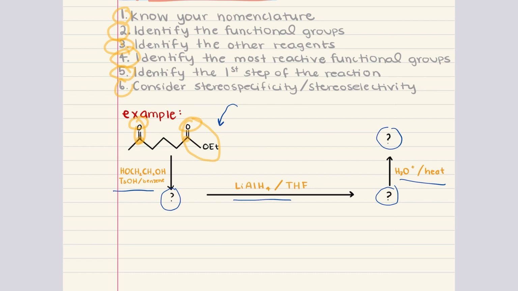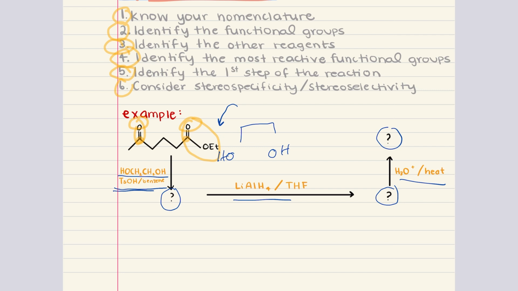Now, the first reagent that's introduced is ethylene glycol in the presence of toluene sulfonic acid and benzene. Ethylene glycol is a diol, and it is commonly used as a protecting group for aldehydes and ketones, and it forms a cyclic acetal group.